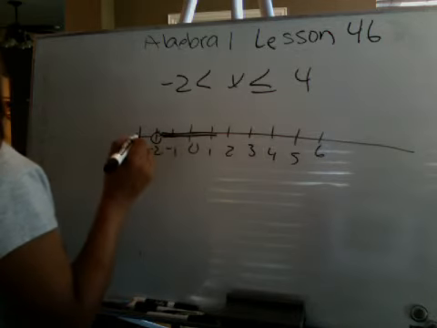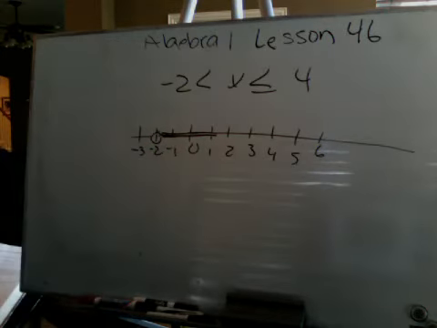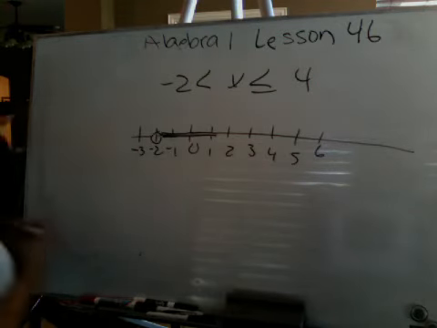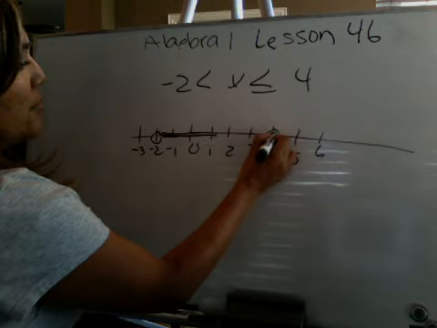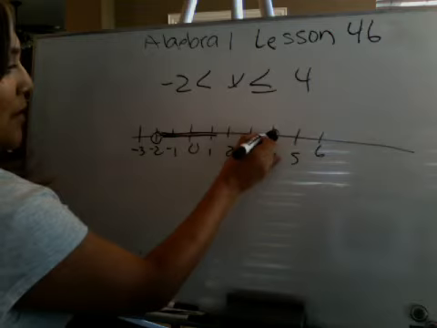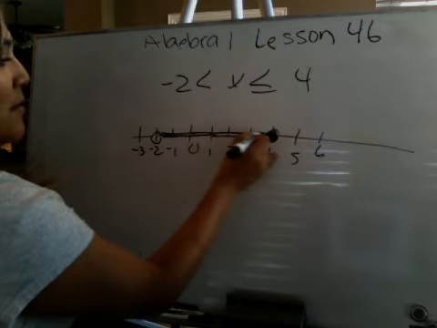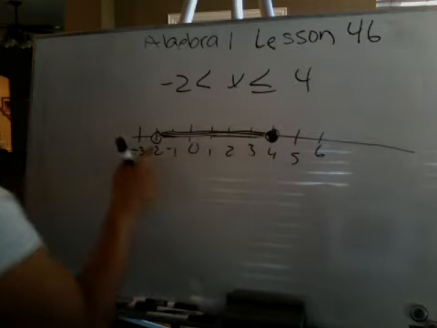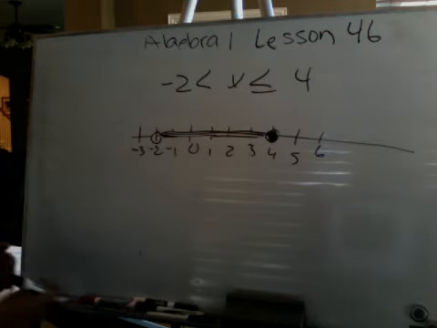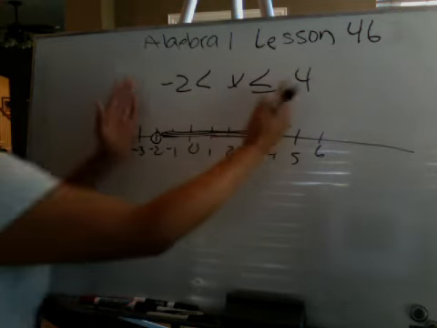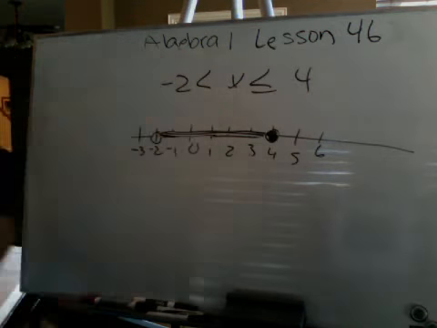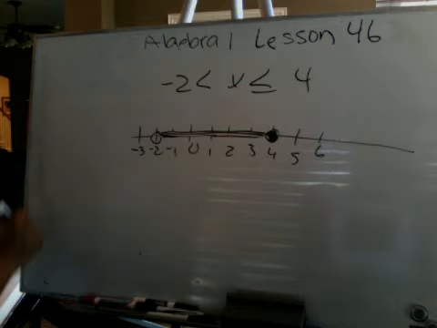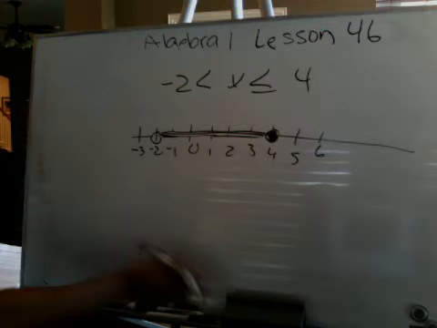And x is less than or equal to 4. So I find 4, and I'm going to enclose the circle because I've got equal to, and less than means to the left. So this is how this will be graphed. One open, one closed, and it in between. X has to fall between this and this, but it could be equal to that, but not to that. Does that make sense? So you're saying x is in between those two conjunctions.